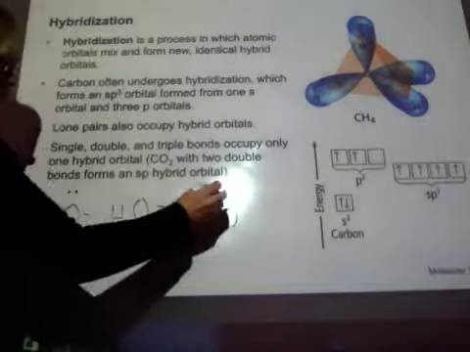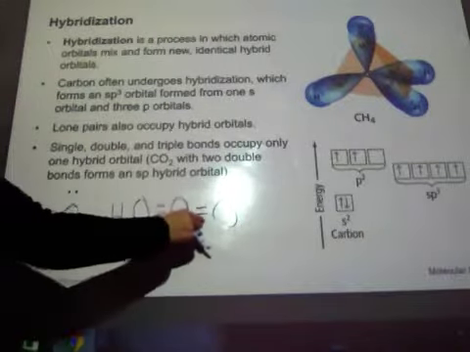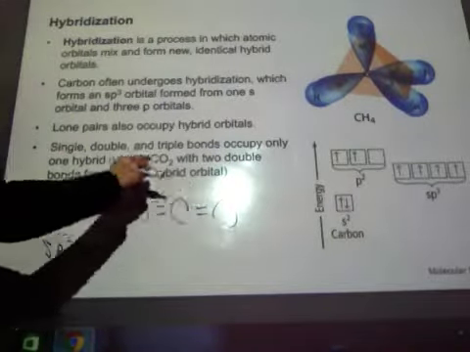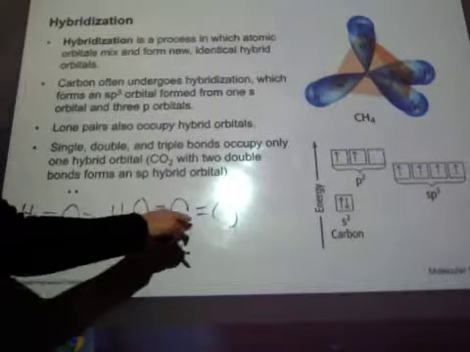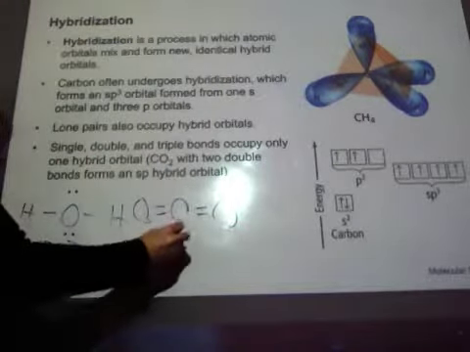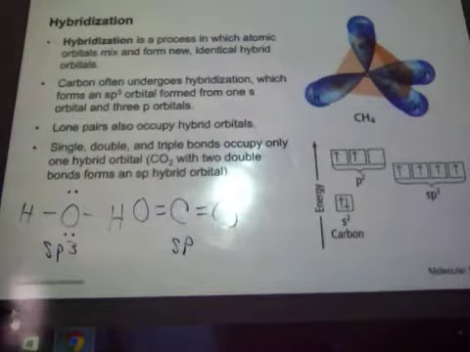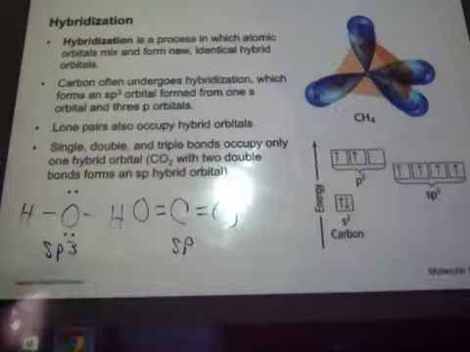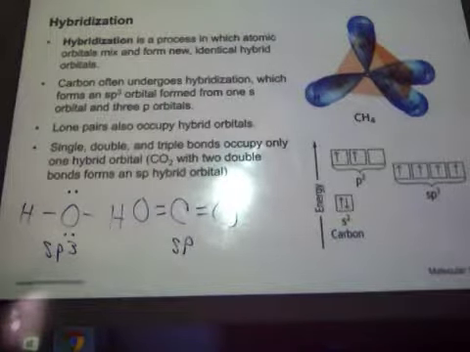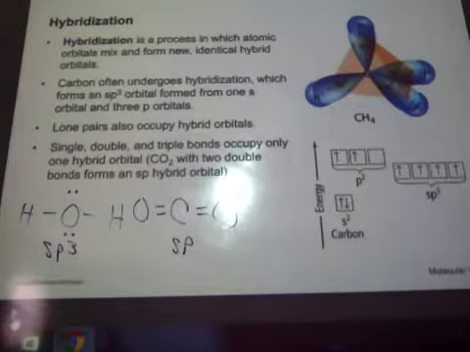If I have CO2, I have a double bond here and a double bond here, so they each occupy one group, and I would have an sp hybrid. Wherever you count the first group, it's always your S. Anything after that is going to go to P. Once you get to P3, you're going to go to D. So you don't count the extra electrons on the oxygen?